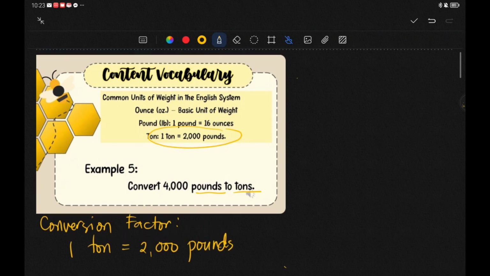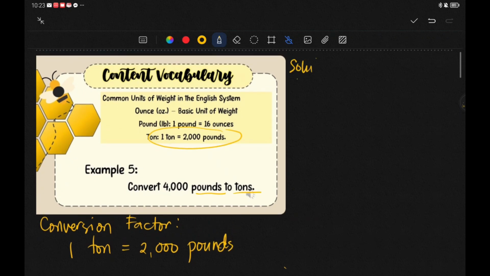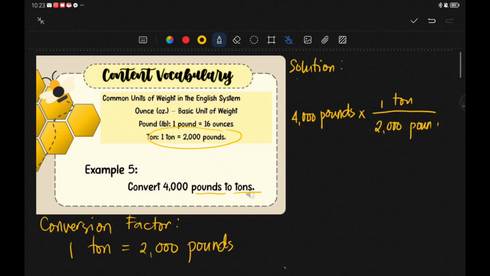For the solution, we have 4,000 pounds times, again, 1 ton over 2,000 pounds. So 4,000 times 1, that's 4,000 ton.